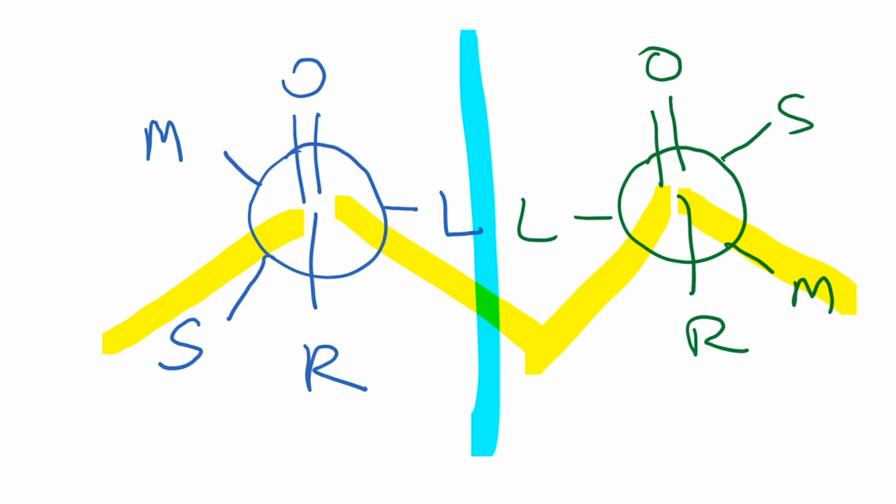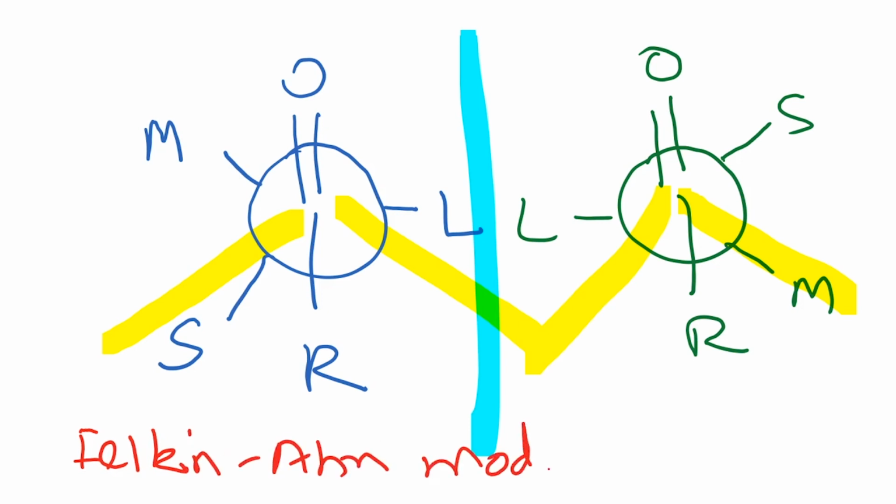As a general model, this is the one that is used to understand nucleophilic addition reactions on carbonyl compounds. This model is called the Felkin-Anh model.